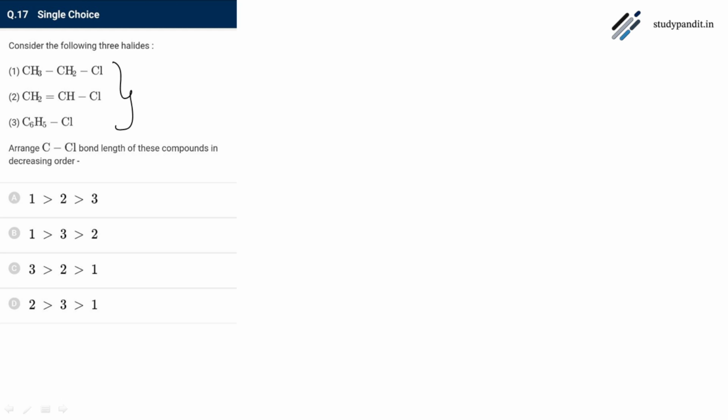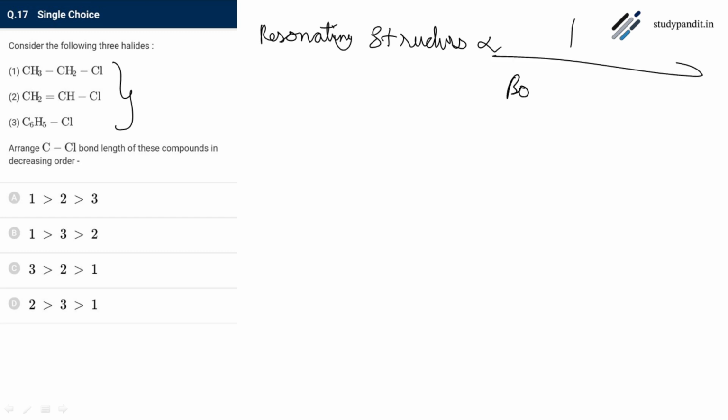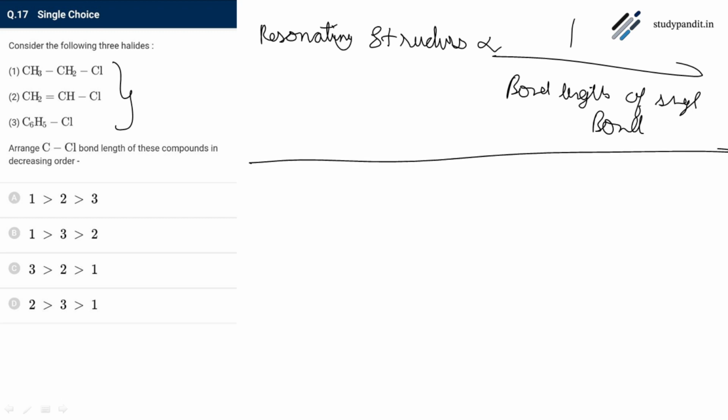What we know is that the number of resonating structures is inversely proportional to the bond length of the single bond. So we just have to see how many resonating structures these compounds have.